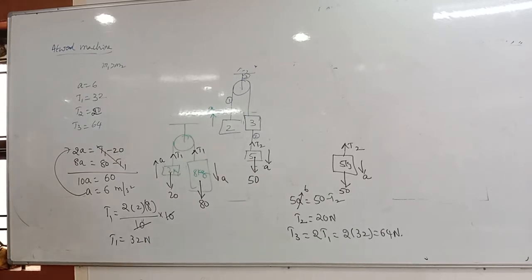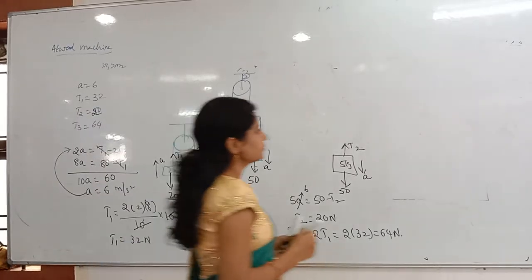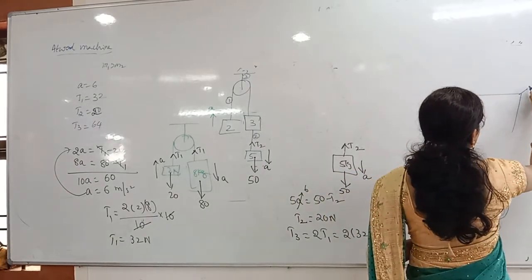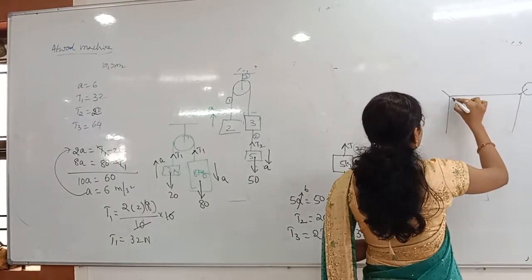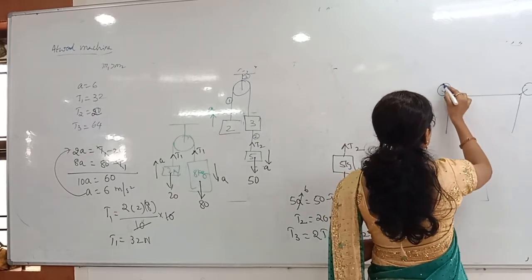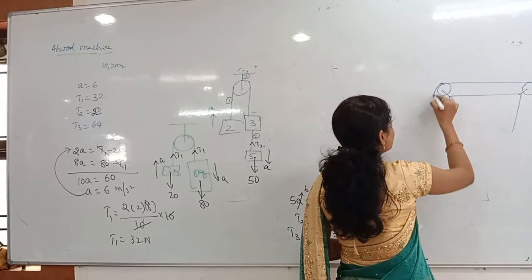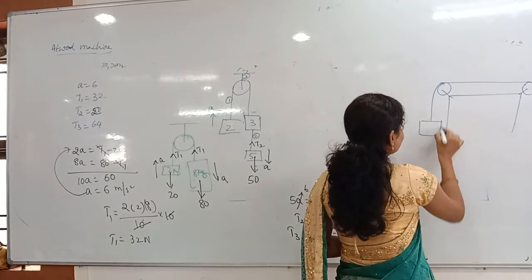And everybody said 50 newtons only. Wow. Finished? Next. Discuss slowly, sir. You are discussing with the class, otherwise with your friend only.